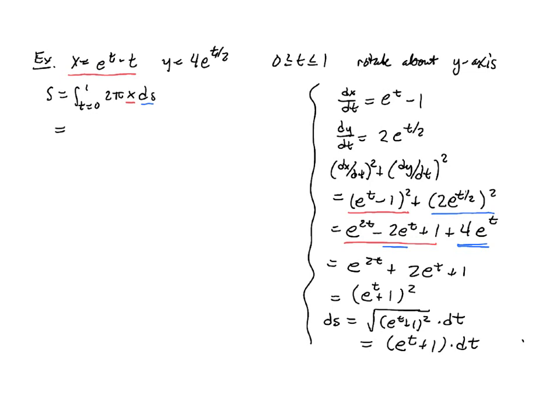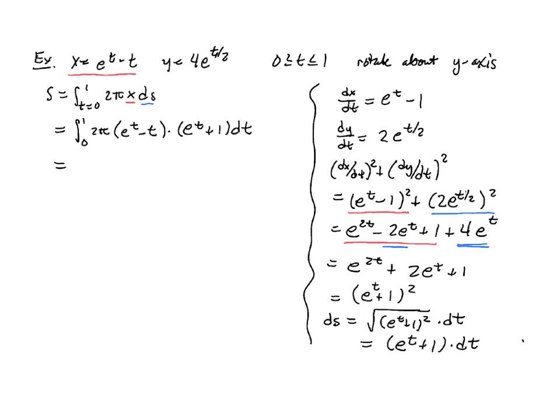Over here we now have the integral from 0 to 1 of 2 pi, put in that formula for x, and put in the formula that we have for ds. And now there may be a clever way to compute this integral.